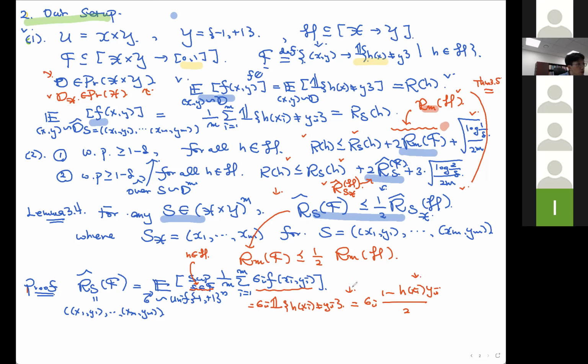Now we continue our calculation. The expectation becomes the expectation over sigma of the supremum over h of 1 over m, summation i equals 1 through m of sigma_i divided by 2, minus 1 over m, summation i equals 1 through m of sigma_i y_i h of x_i divided by 2.